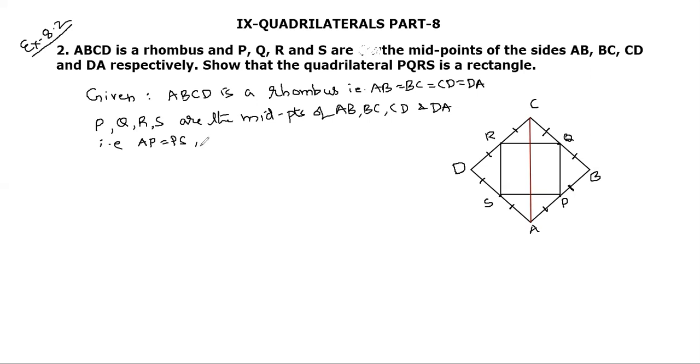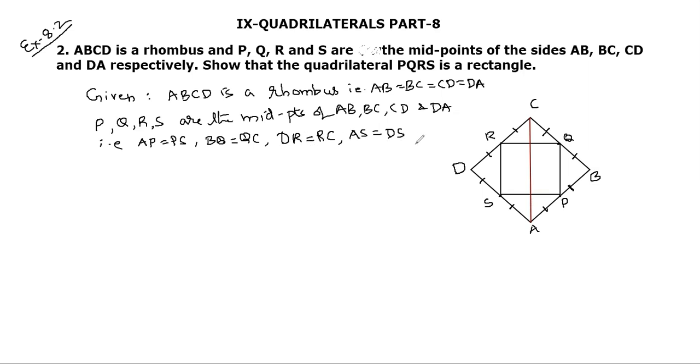Q is the midpoint of BC, therefore BQ will be equal to QC, and R is the midpoint of DC, therefore DR will be equal to RC, and S is the midpoint of AD, therefore AS will be equal to DS. That's all for the given conditions.